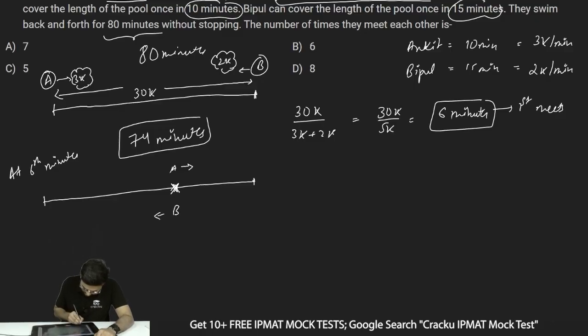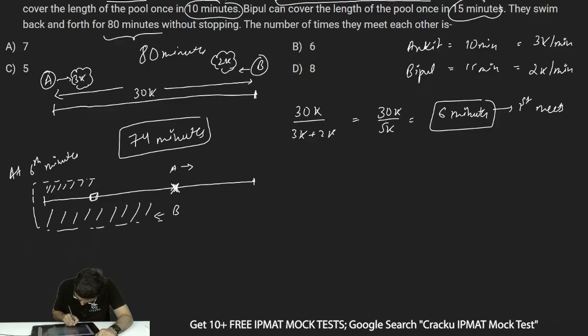Let's say they meet at this point because they are moving back and forth. So Bipul will cover this distance plus this distance, and Ankit will cover this distance plus this distance.